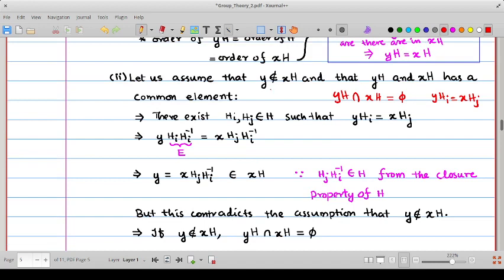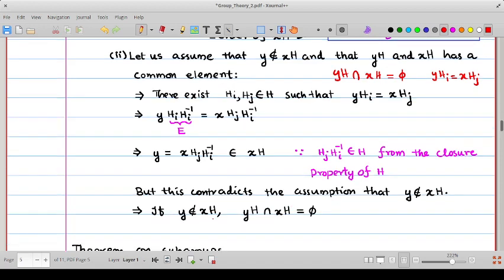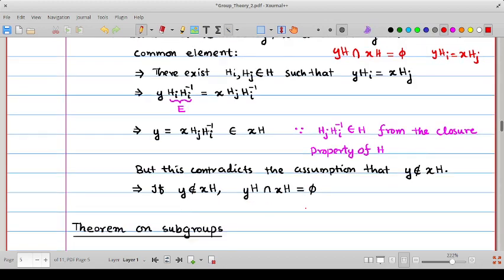But our assumption is that y is not in xH. So this contradicts the assumption that y is not an element of xH. And therefore, we see that if y is not an element of xH, then yH and xH will have no common element. So their intersection should be the null set.